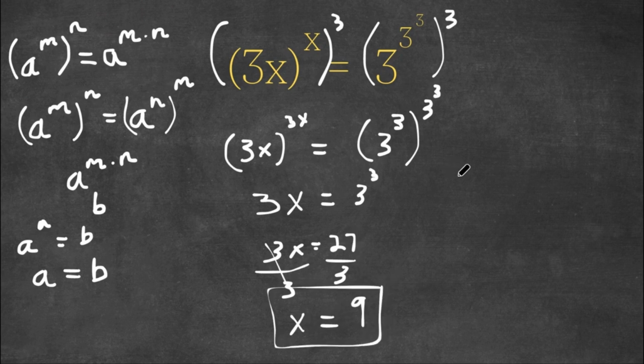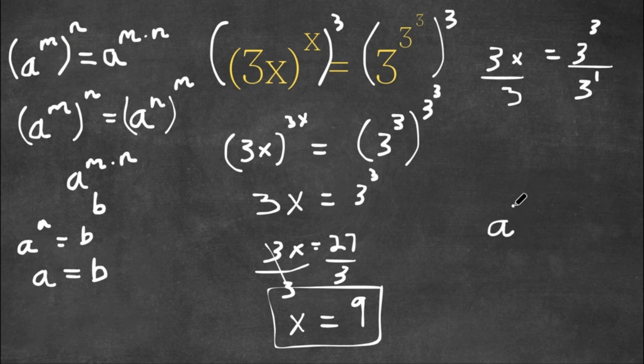Now our second way is 3x is equal to 3 to the power of 3. Second way is just simply dividing by 3 at the start, and 3 to the power of 3 divided by 3, well, this is 3 to the power of 1, and if we have something in the form a to the power of m over a to the power of n, this is equal to a to the power of m minus n.